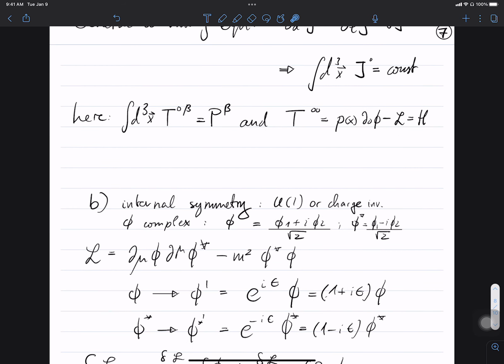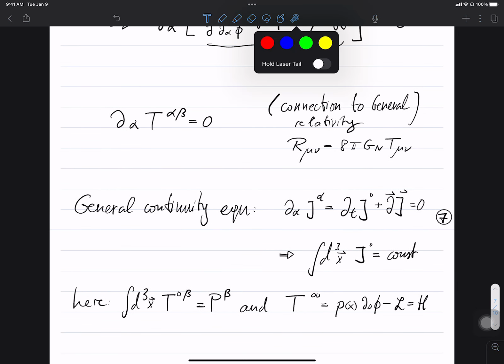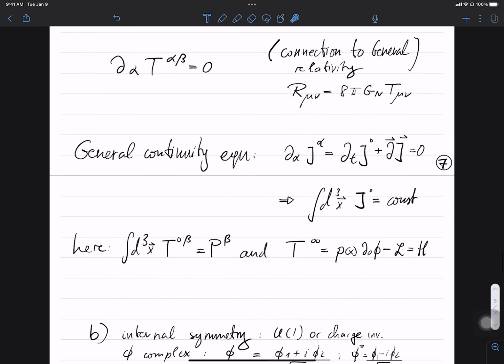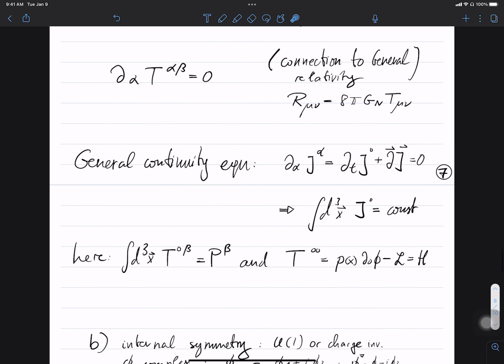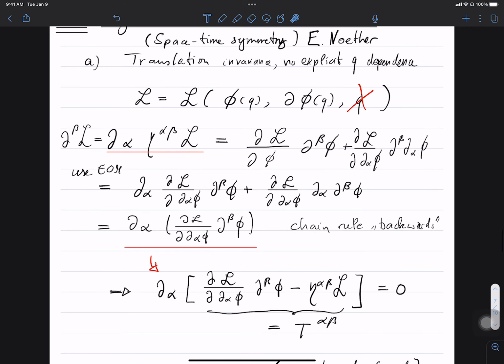And in general it's a covariantly conserved structure, and the fundamental conserved quantity that is induced by the invariance of the Lagrangian with respect to space-time translations.